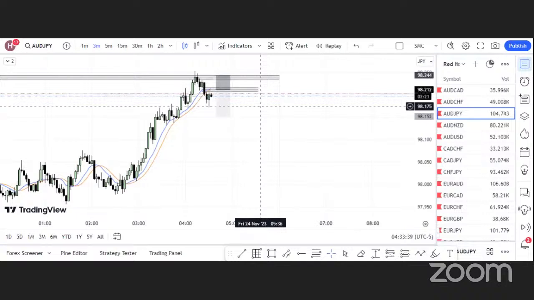Let's wait for this current candle and see if it's going to give us a rejection there.